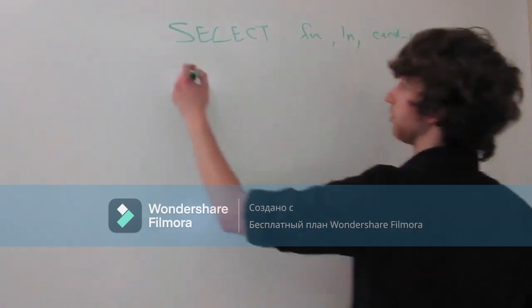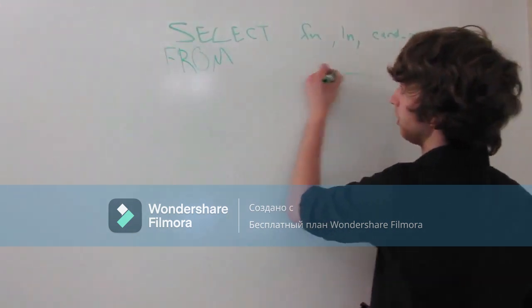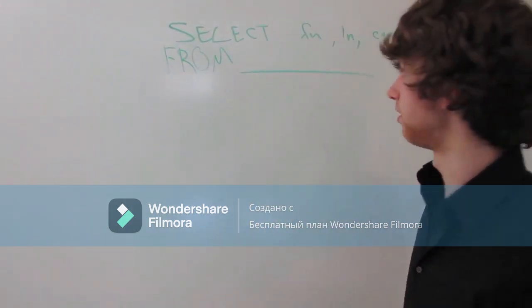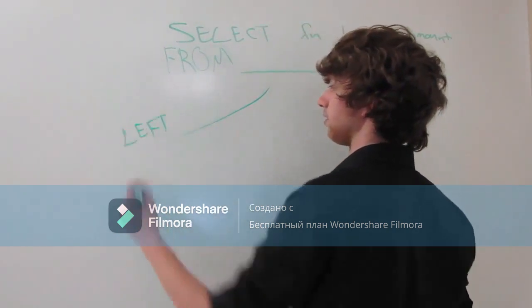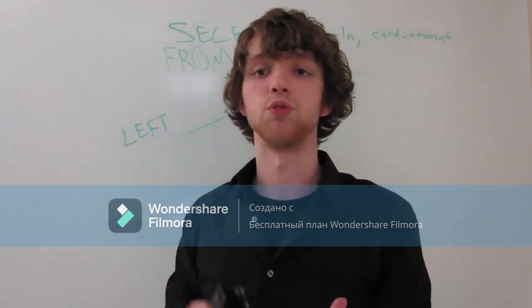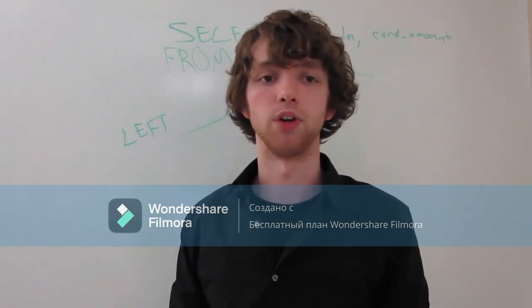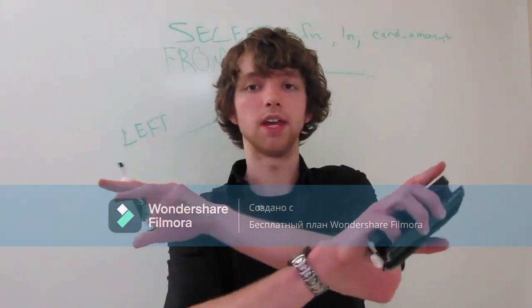And then you have something that says from. Well, the table you put right there is considered left when we're talking about this design stuff. So, in theory, you could switch it around to where a left join works the same way as a right join. You're just switching the direction of the tables.